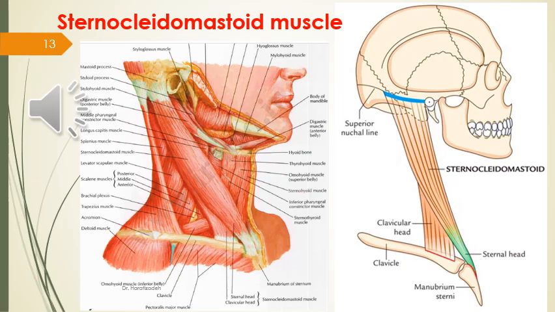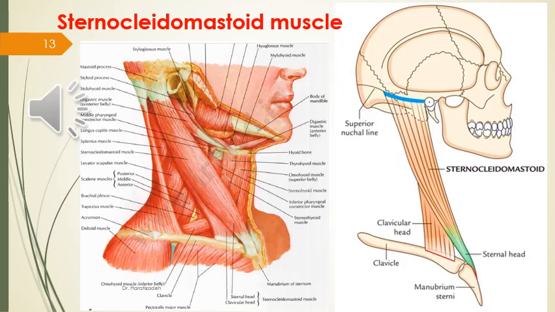The innervation of this muscle is mainly from the accessory nerve, it is a cranial nerve, the 11th cranial nerve, as well as the branches of C2 and C3 of cervical plexus. And what about the action of this muscle?